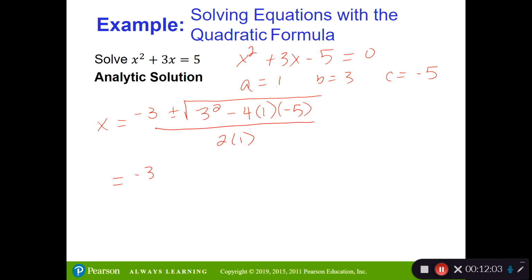So that would be negative 3 plus or minus the square root of 9 plus 4 times 5, which is 20, all over 2. So that would be negative 3 plus or minus the square root of 29, all over 2.